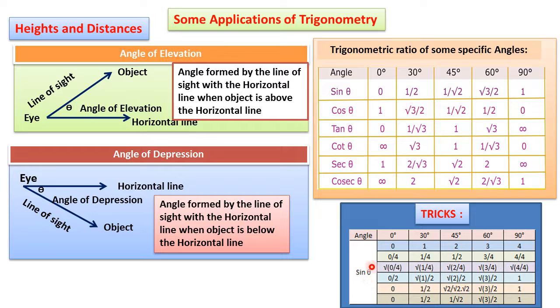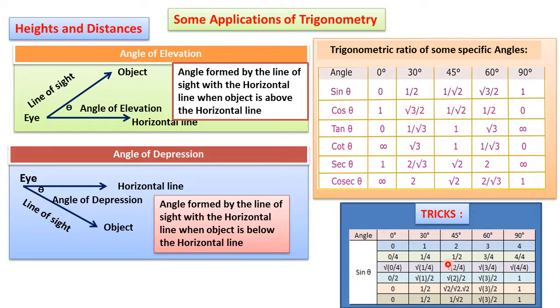For sine 0, it is 0. For sine of 30 degree, it is root 1 by 2, that is 1 by 2. For 45 degree, root 2 by 2 is nothing but root 2 by root 2 into root 2, which gives 1 by root 2. For sine of 60 degree, the square root of 3 by 4 becomes root 3 by 2.